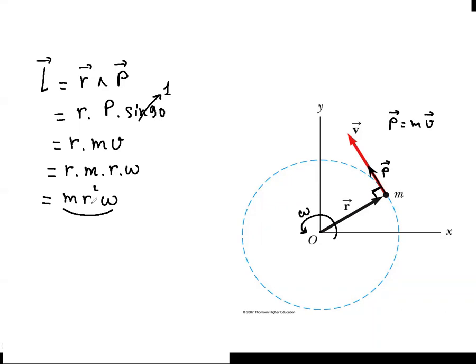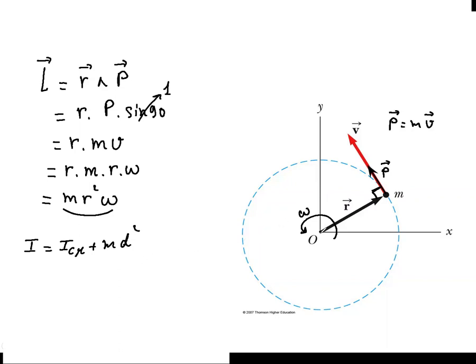What about M r square? Let me calculate I of the mass M. In general, I equals I cm plus M d square.